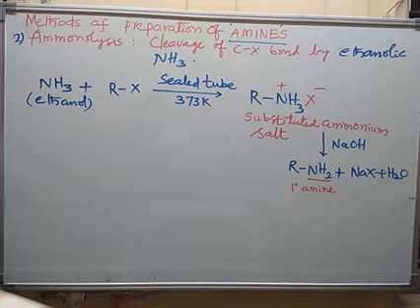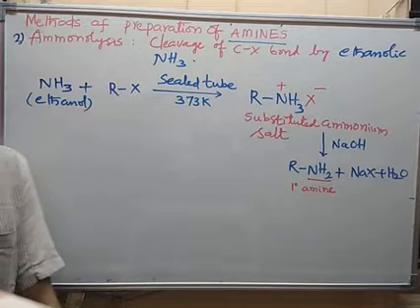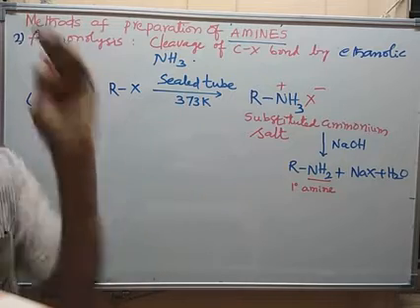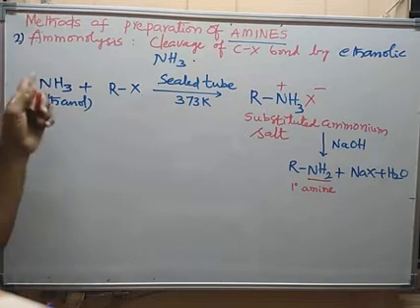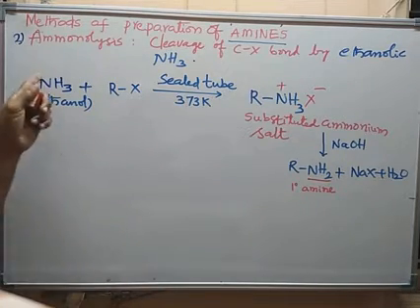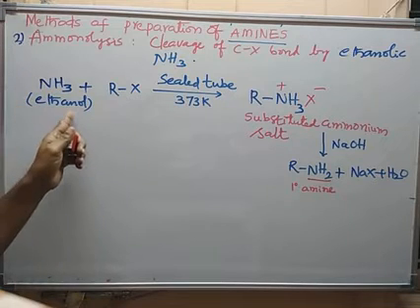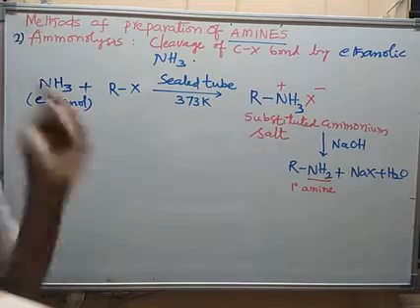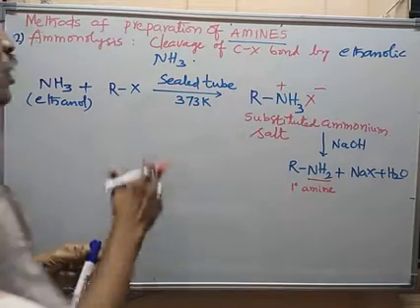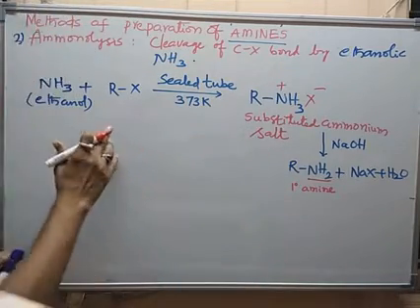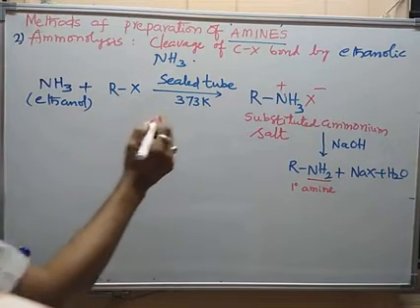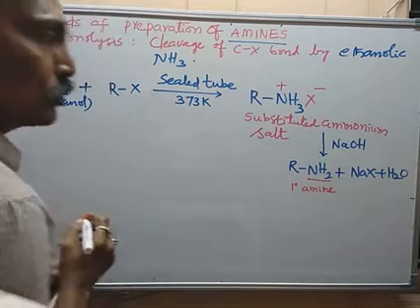Simple answer. This is a dash reaction: nucleophilic substitution, electrophilic substitution, free radical substitution, all are substitution given. NH3 acts as a nucleophile and it becomes H plus and NH2 minus. NH2 minus substitutes X minus to give RNH2. So here, this is an example of nucleophilic substitution.